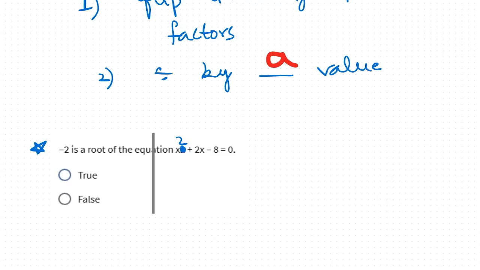Minus 4 and 2, that's it. These are roots. 2 is the root of the equation. True or false? It will be false, right? False.